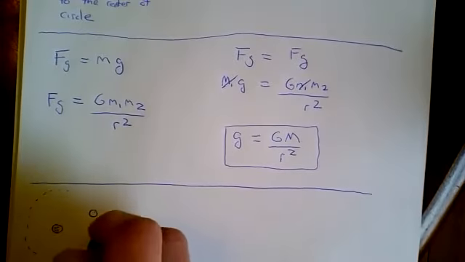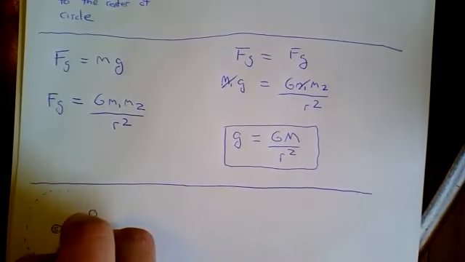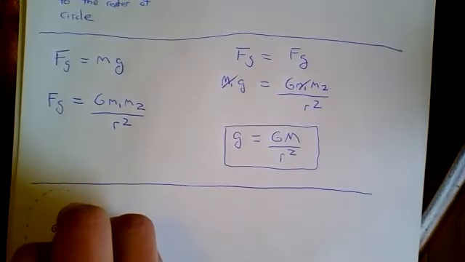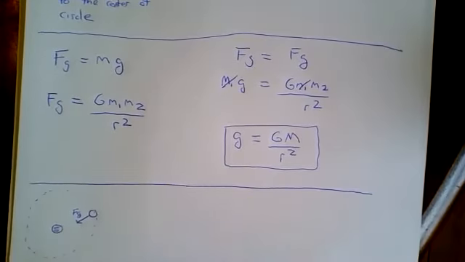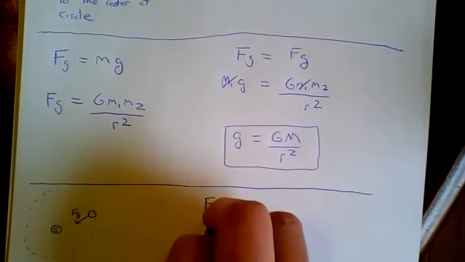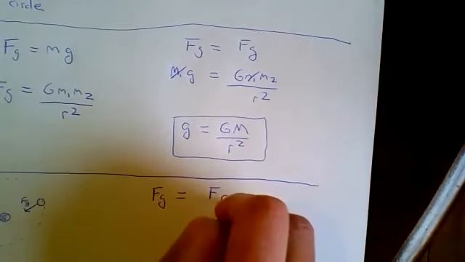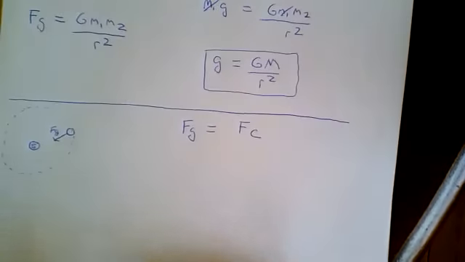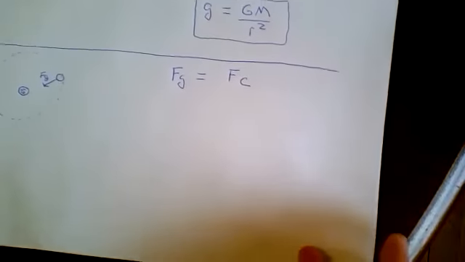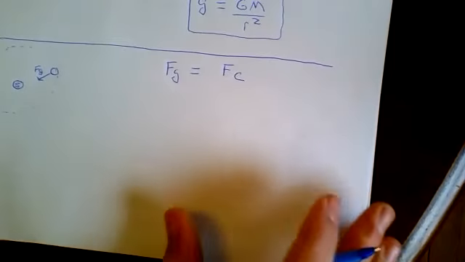That planet is actually only feeling one force, and it would point towards the center, and we could label it Fg, the force due to gravity. But of course, this is also the centripetal force. So we can say this, Fg equals Fc, and do some more funny business here to derive Kepler's third law.